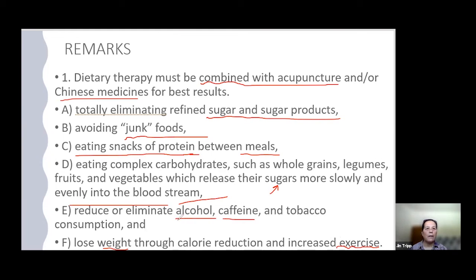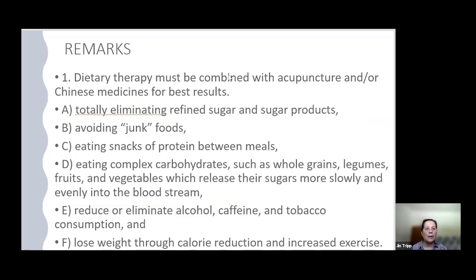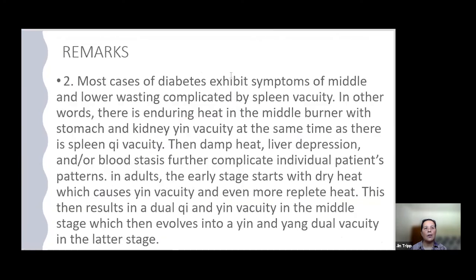So that's a pretty important part about the diet side. It does not mean that with acupuncture, massage, or even herbs treatment, people can still eat everything they like. So controlling different kinds of food is pretty important for the patient.